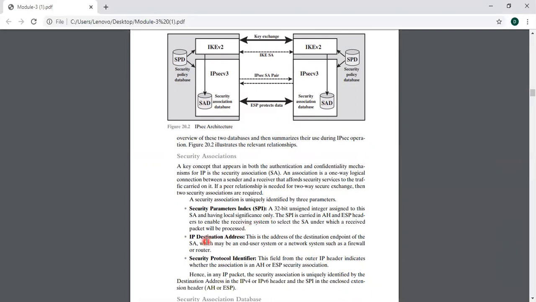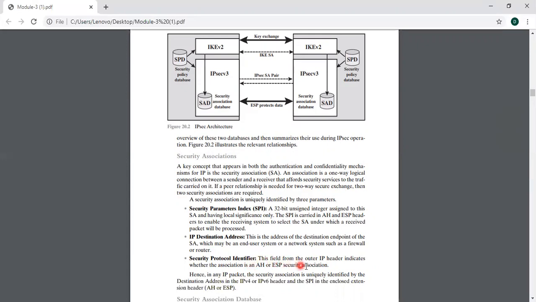The IP destination address is used to identify the end destination point. The source will have some IP address and the destination also will have some IP address, so to identify the destination endpoint we provide the IP destination address. The security protocol identifier is used to identify the protocol.